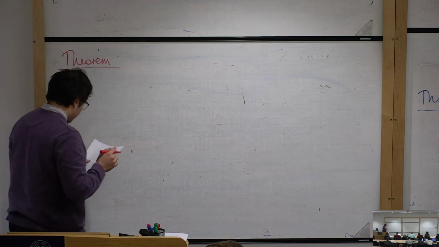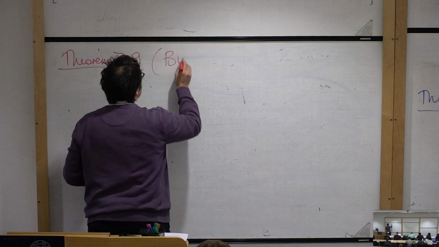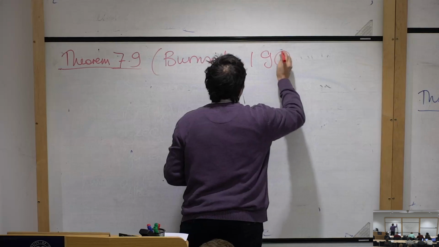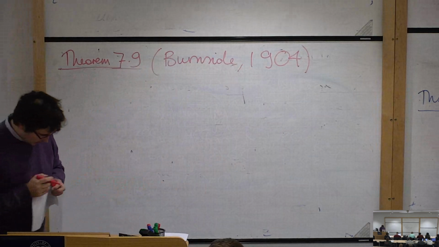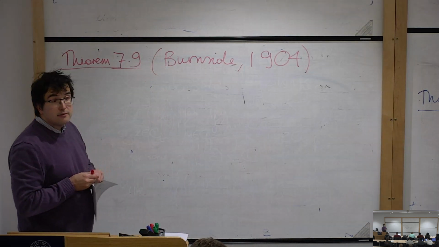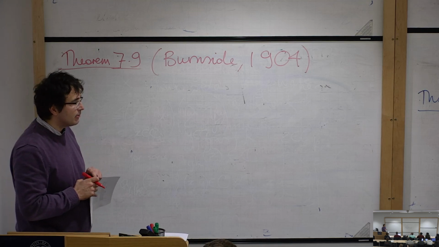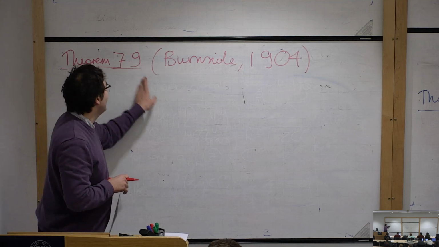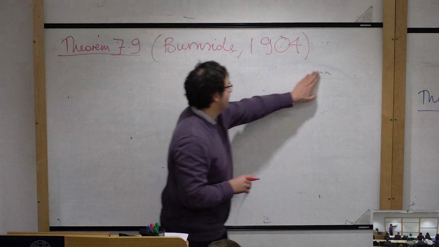This was proved by Burnside somewhere around 1904, at the time when finite simple groups were interesting and people didn't really understand them. I had some examples, and people were interested in classifying them, I think, at the time.